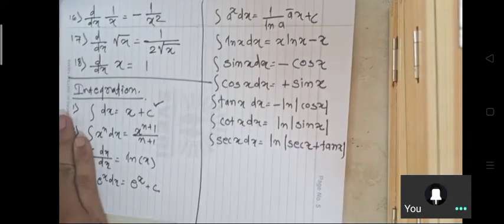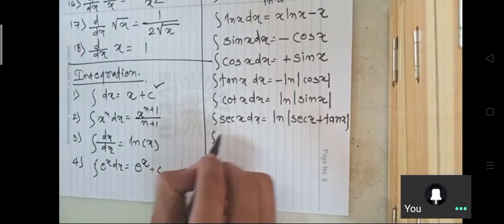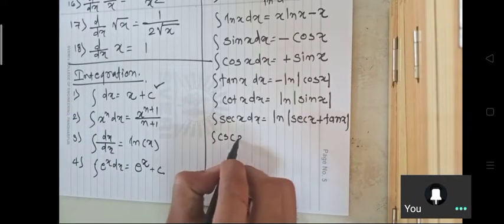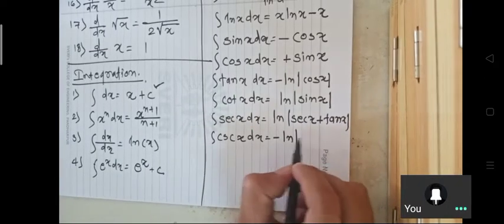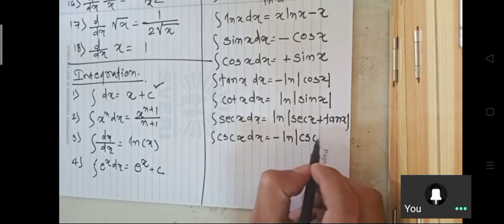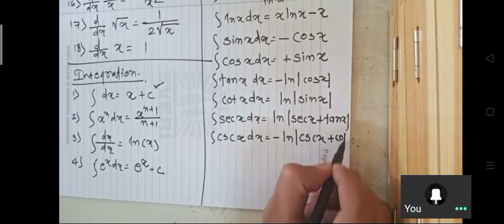So next one is cosec. Integration of cosec x dx is equal to minus log of cosec x plus cot x.